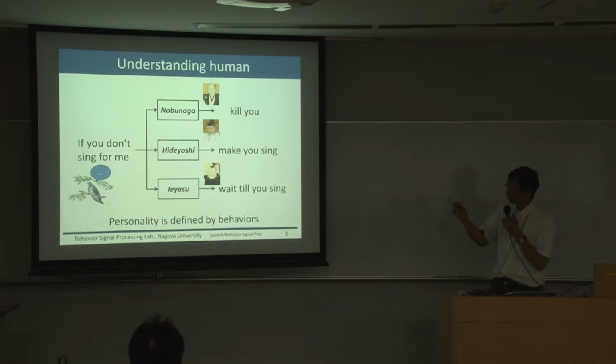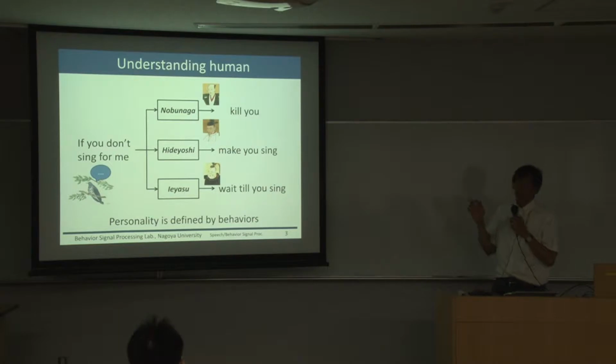This is a story about the cuckoo, or I don't know what the name of the bird is, but these three senryus, 泣かぬなら殺してしまえホトトギス, 泣かぬなら泣かせてみせよホトトギス by Hideyoshi, and 泣かぬなら泣くまで待とうホトトギス by Ieyasu, represent their personality very, very well in a concise manner.